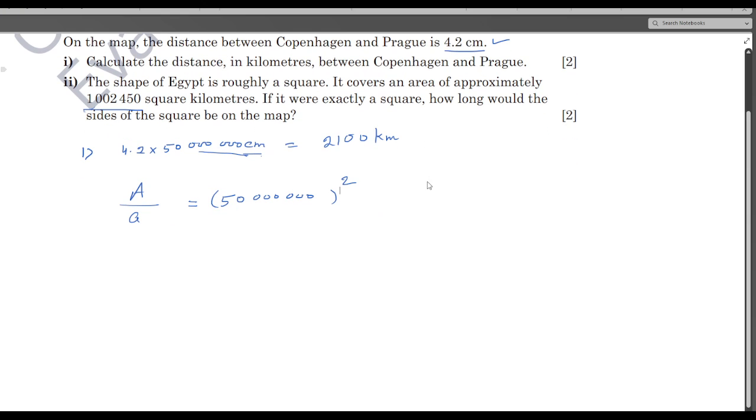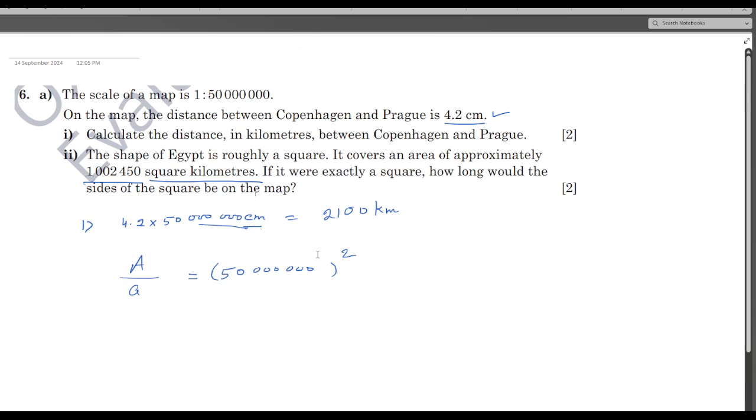Okay, now area is given in square kilometers. So if I convert this in terms of kilometer, this ratio is certainly for centimeters. I will say that both are going to have the same unit. So if on the map it is in centimeter, then your area will also be in centimeters.